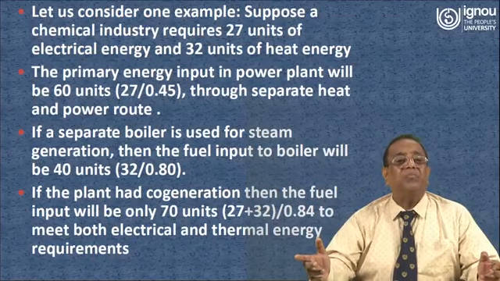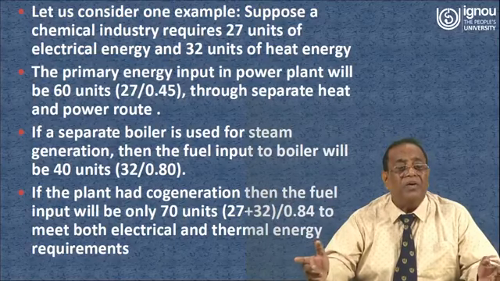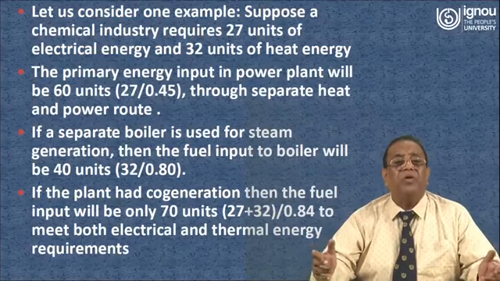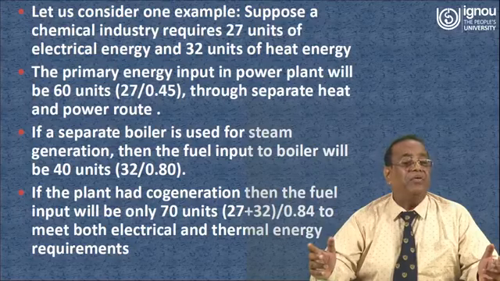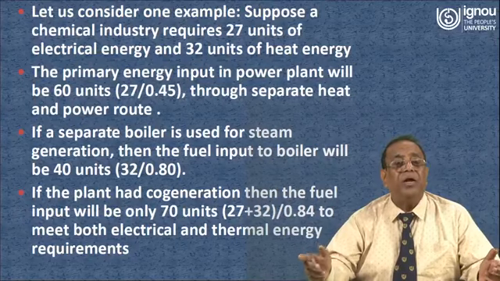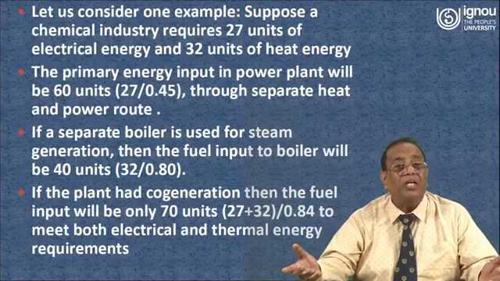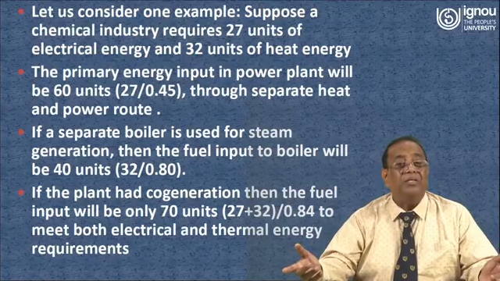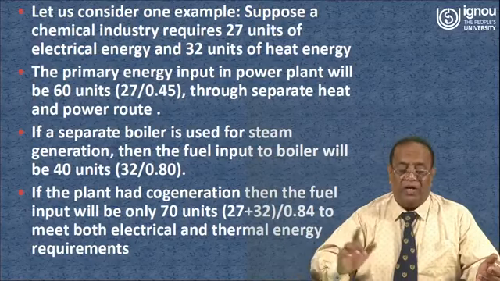If the cogeneration plant efficiency is 84% and the input is 70, the output will be 70 multiplied by 0.84, which comes out to be 59. Out of 59 units of energy, 27 is utilized for electrical energy and 32 units for thermal energy.